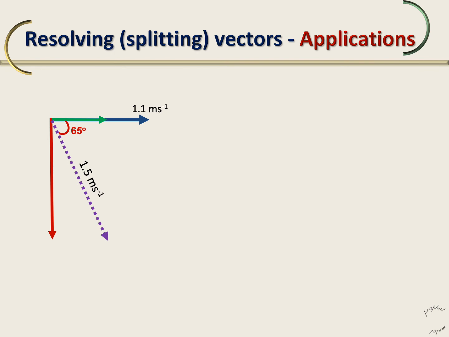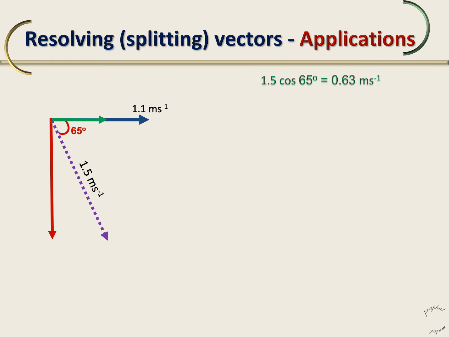The next step is finding the value of each component. How much is the value of the green one? How much is the value of the red component? The rule says touching the angle. Here the green colored vector is touching the angle, so it should be the cos component with the parent name. That's the original 1.5.